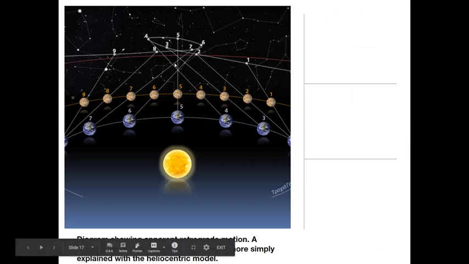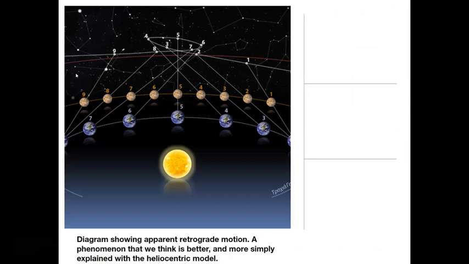So here's a good example of an ad hoc hypothesis in action. This is a diagram showing what is called retrograde motion. If you've taken astronomy or remember high school, we have the sun at the center. This is the phenomenon where it appears that planets double back on themselves. So imagine that this is Mars going across the night sky. It actually looks like Mars makes this loop. It goes back on itself and then proceeds.